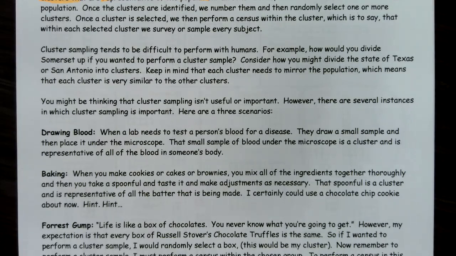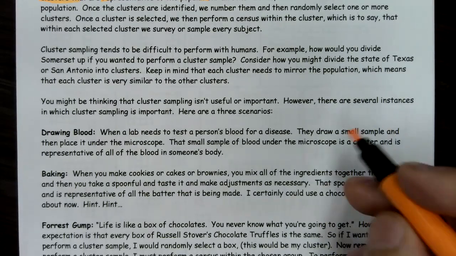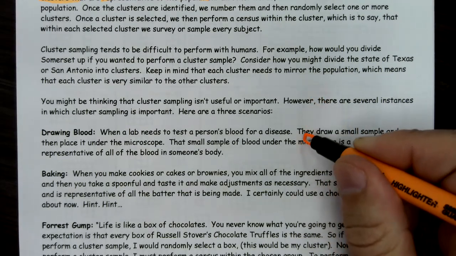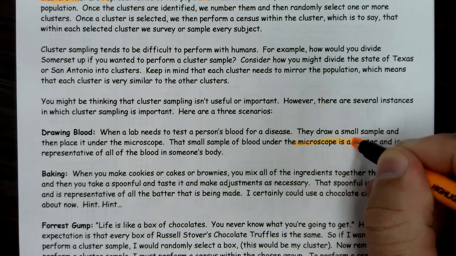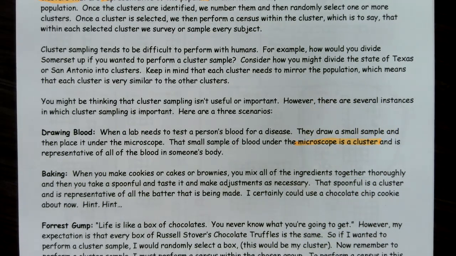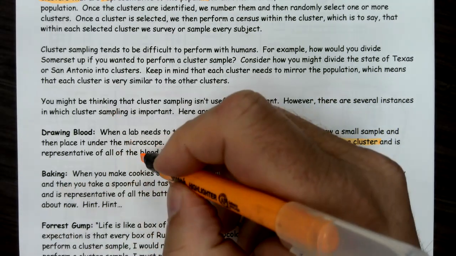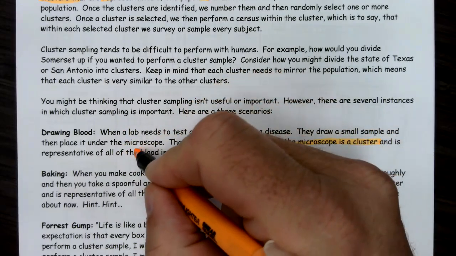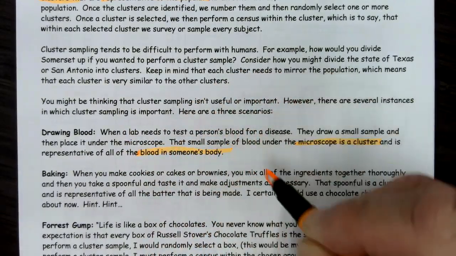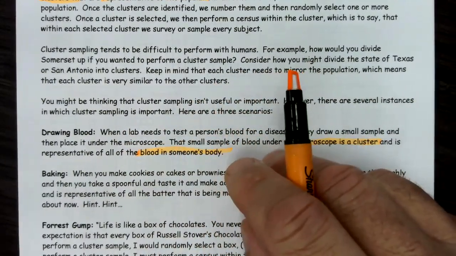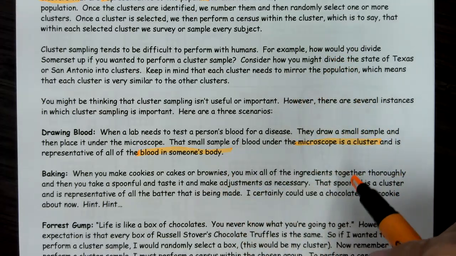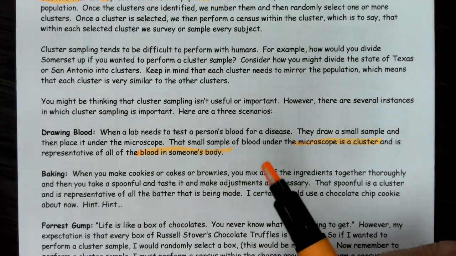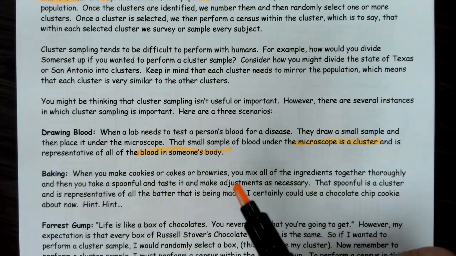And that small sample of blood under the microscope is a cluster because they're saying, hey, that small little amount represents all the blood in someone's body. Okay. And it should have healthy blood cells and unhealthy blood cells. And so that's how they track it. It's like, hey, it's got a mixture of everything in it. And regardless what sample they draw from you, it should have the same percentage of healthy and unhealthy.